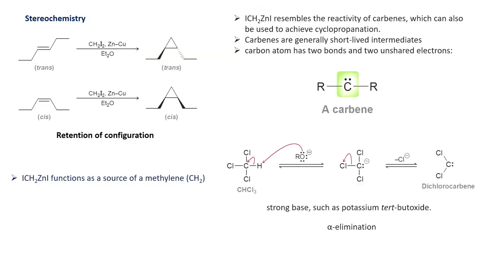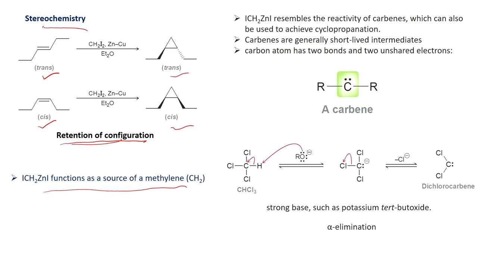Regarding stereochemistry, it will remain the same. There will not be any inversion of configuration, but there will be retention of configuration. In the reactant there is trans, in the product there will be trans. In the reactant there is cis, in the product there will be cis. So you see your Simmons-Smith reagent functions as a methylene donor.